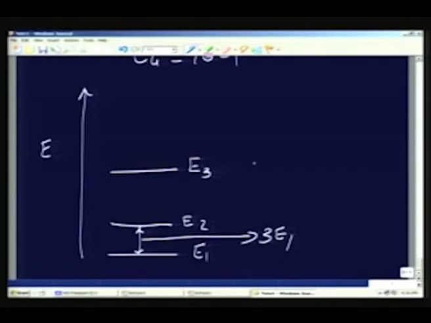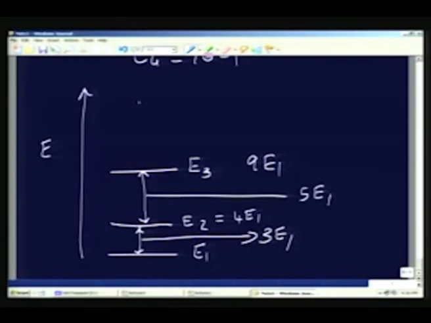E3 is 9 times E1, and E2 is 4 E1. So the difference between the two is 5 E1. The next is of course E4, which is 16 E1. So the differences are 3, 5, 7, 9, 11, and so on.